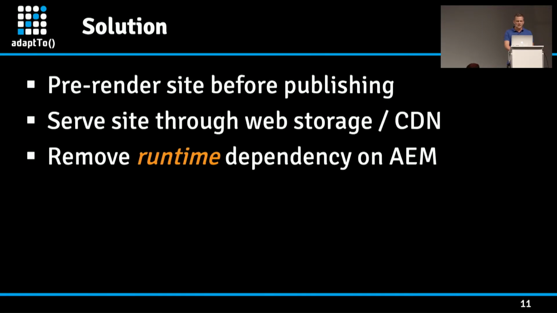So one of the solutions that we've been experimenting with over the last few months is to pre-render those sites ahead of publishing. For the sites in general, it shouldn't make a tremendous amount of difference because they weren't relying on a lot of that dynamic functionality that AEM can offer. But what we do is serve that site through web storage with a CDN layered on top.